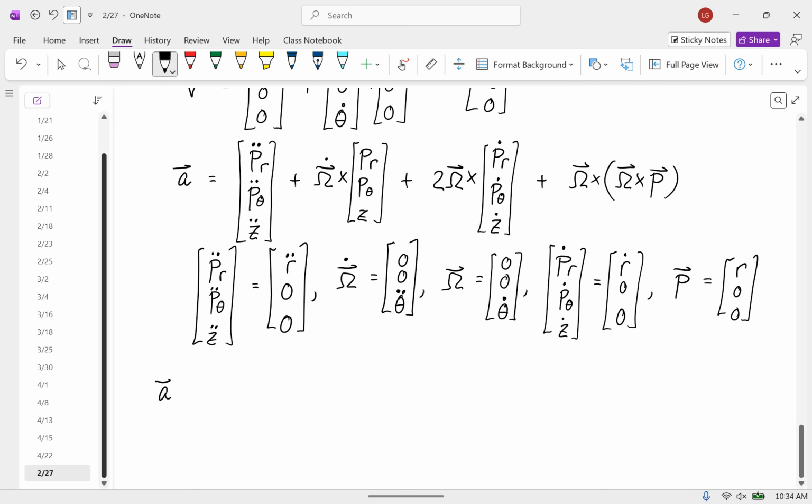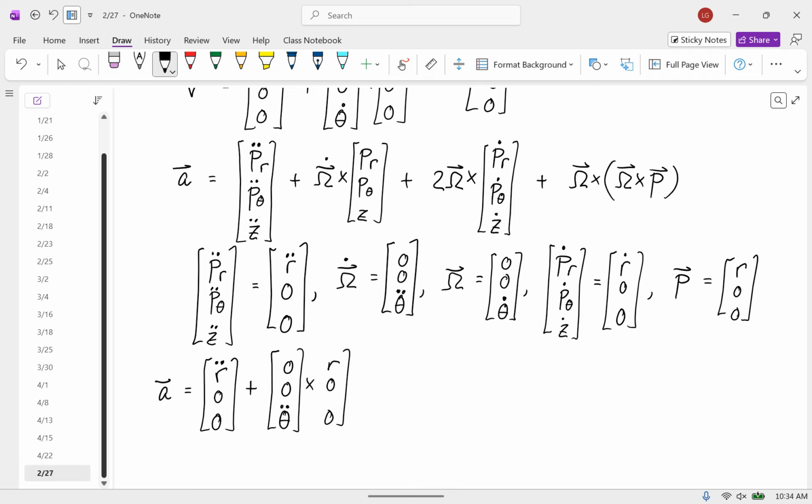So the acceleration vector is equal to R double dot, 0, 0 plus 0, 0, theta double dot crossed with the position vector, plus 2 times capital omega 0, 0, theta dot crossed with the components dotted. So that's R dot, 0, 0.